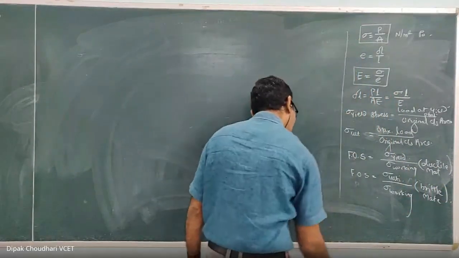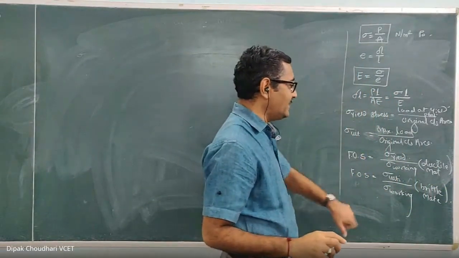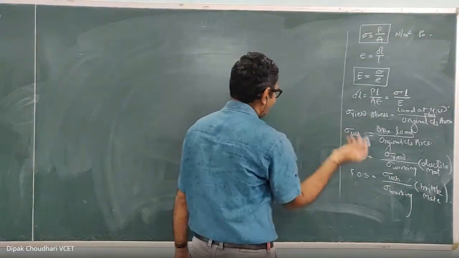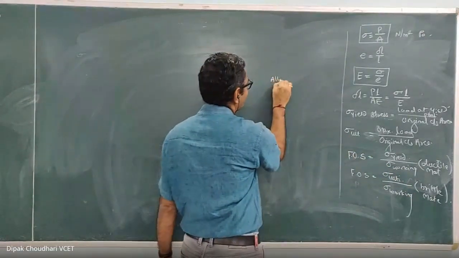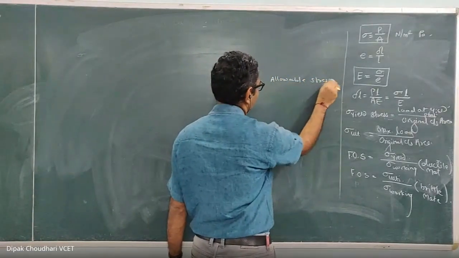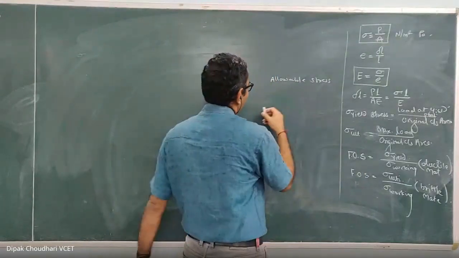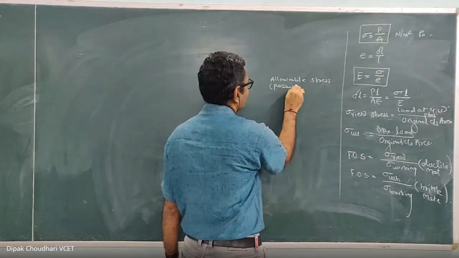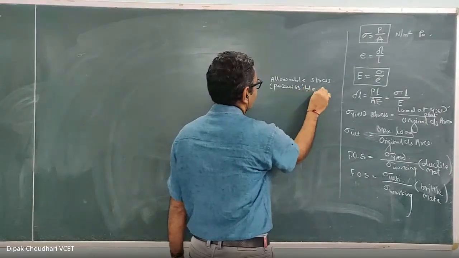Okay, so don't get confused between the yield stress, ultimate stress, and working stress. Here, there is again the allowable stress, also known as the permissible stress.